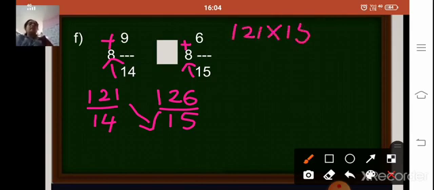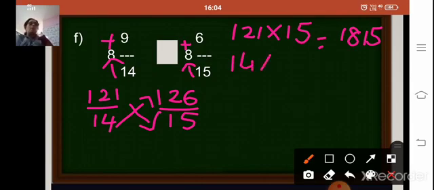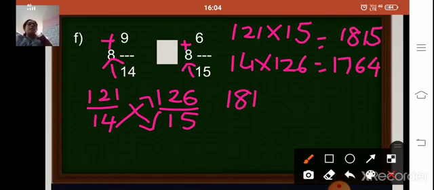Your answer is 1815. Now when you multiply 14 into 126, your answer is 1764. Now here 1815 is greater than 1764.